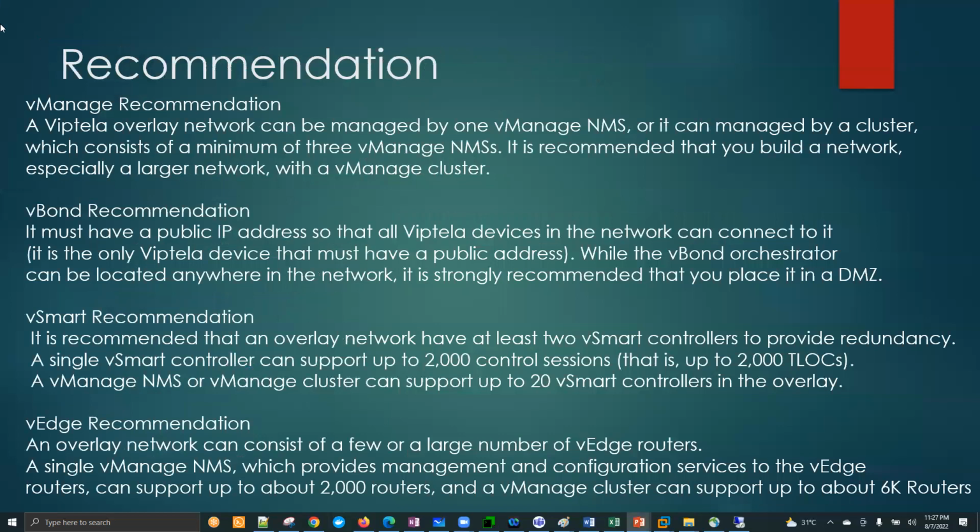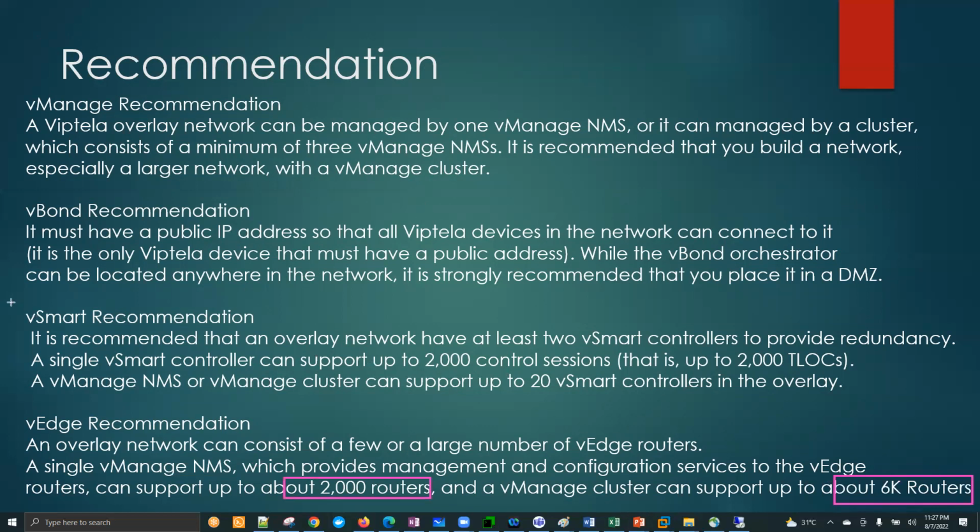Some recommendations are there. You will understand these recommendations more when we read about high availability and redundancy. But in the previous sections we have discussed a little bit that one vManage can handle 2000 routers, so if you have a cluster of 3 vManage, then it will handle up to 6000 routers.